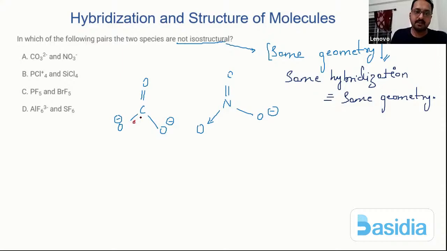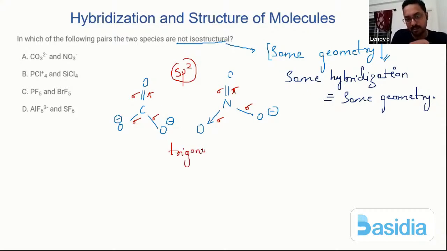Here I find a sigma bond, one is the pi bond, another one is a sigma bond, correct? You find a pi bond, sigma bond, and you also find a sigma bond over here, correct? So I clearly understand that they are sp2 hybridized, and both of them possess a trigonal planar structure. Not pyramidal, trigonal planar structure.